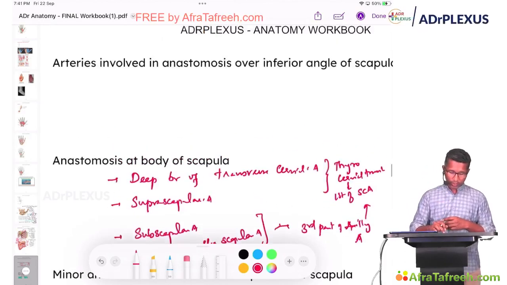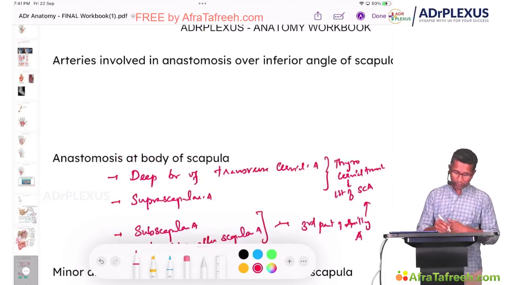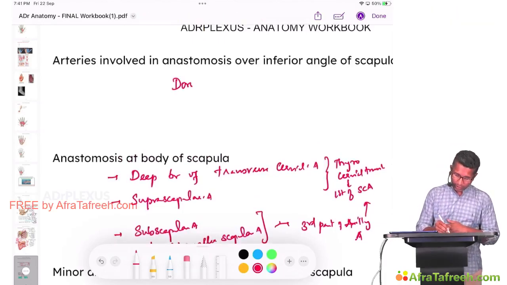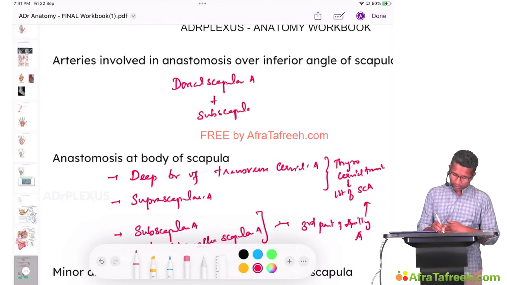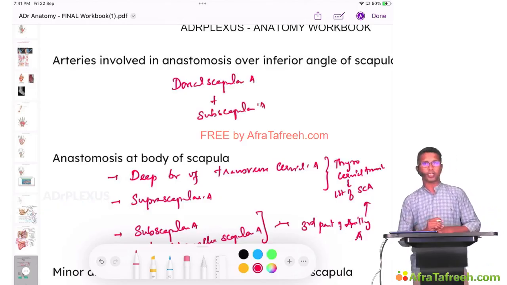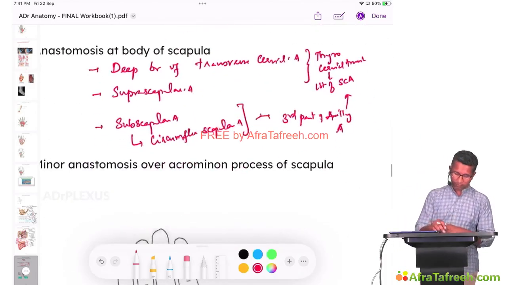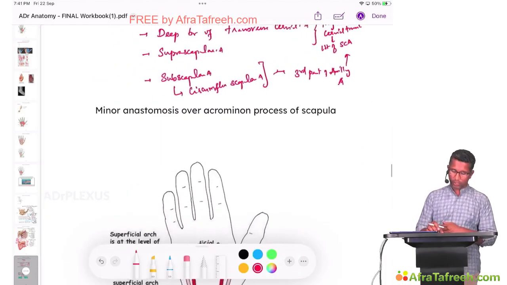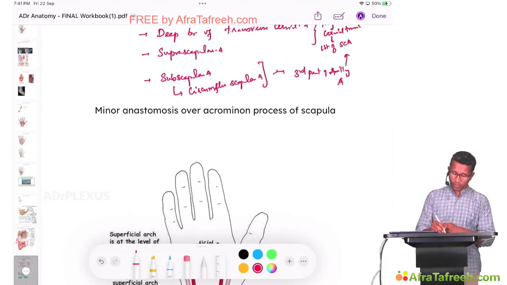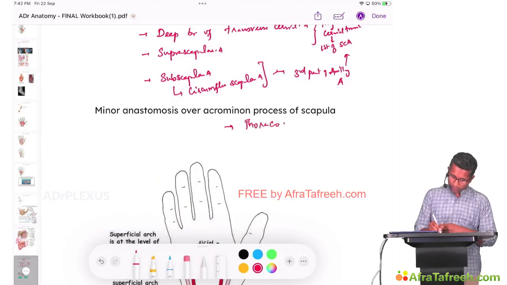Okay, so you have another anastomosis around the inferior angle of the scapula formed by the dorsal scapular artery and by the subscapular artery. And over the acromion you can have a minor anastomosis formed by the thoracoacromial branches.